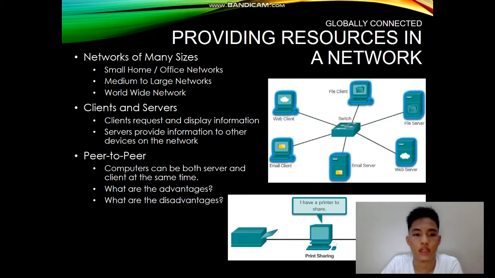Clients request and display information, while servers provide information to other devices on the network. In peer-to-peer, computers can be both server and client at the same time. Peer-to-peer has advantages and disadvantages. So as you can see, we have clients and servers, peer-to-peer, and networks of many sizes in this section.